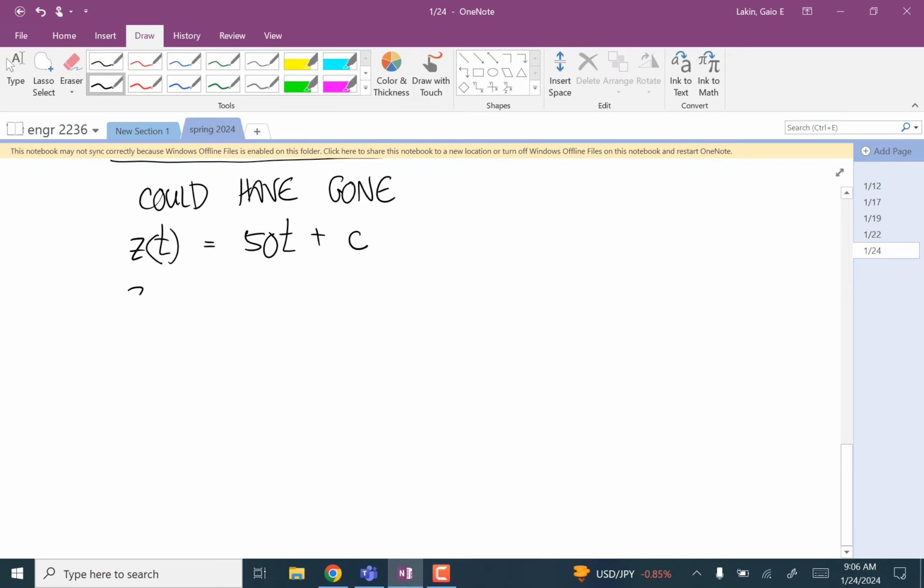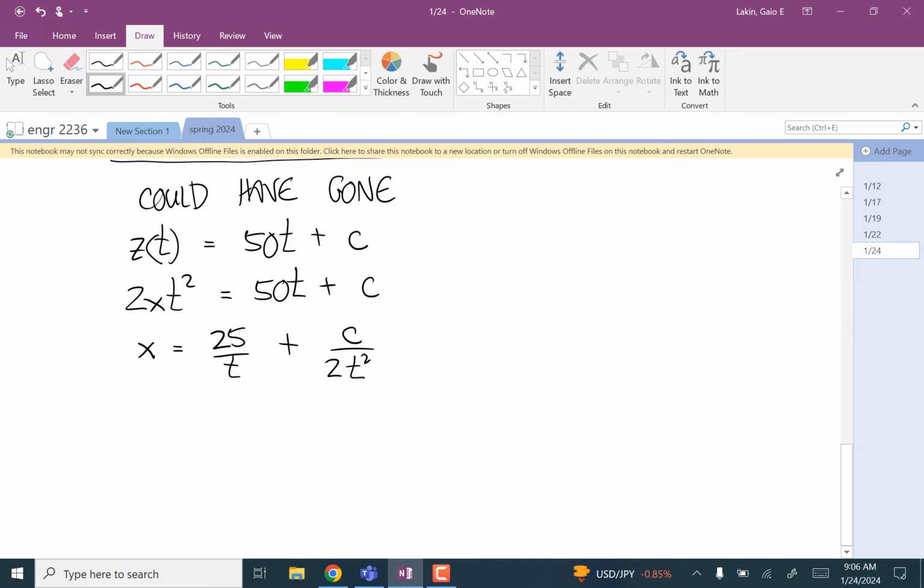Substitute back now, so you get 2xt squared is equal to 50t plus c. I guess you could divide right there. So you get x is equal to 25 over t plus c over 2t squared.